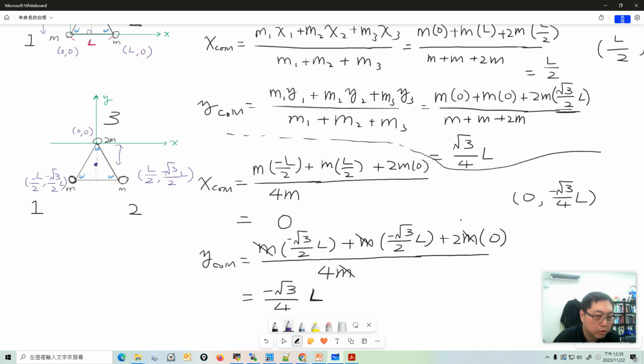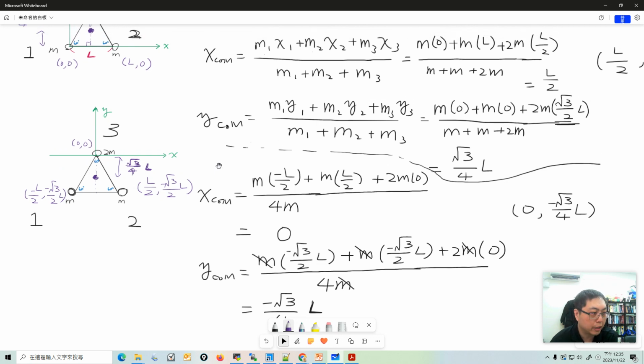And this is square root of 3 divided by 4 L. So in this coordinate system, the center of mass is here.